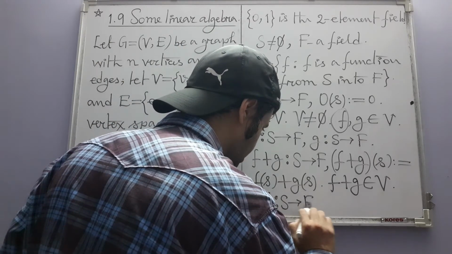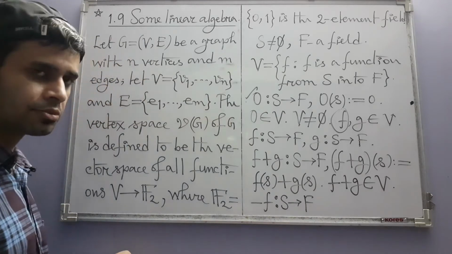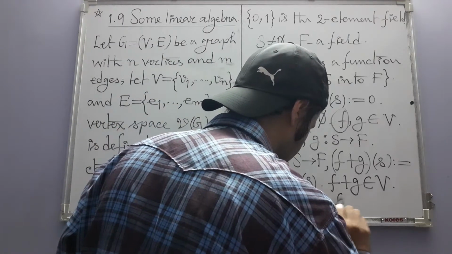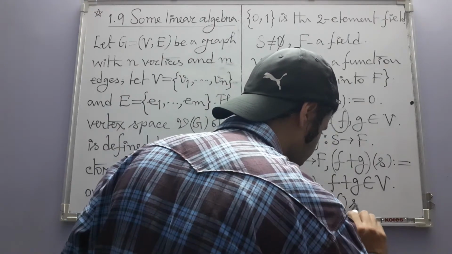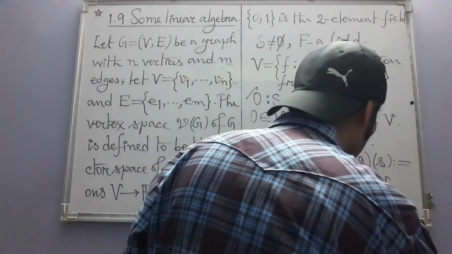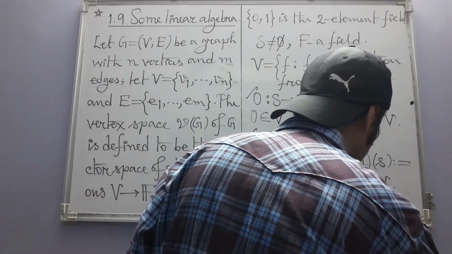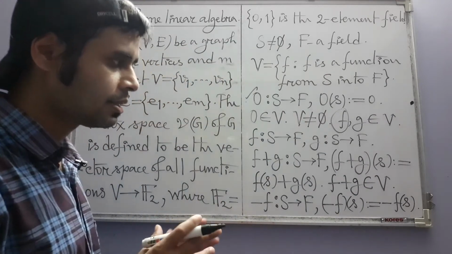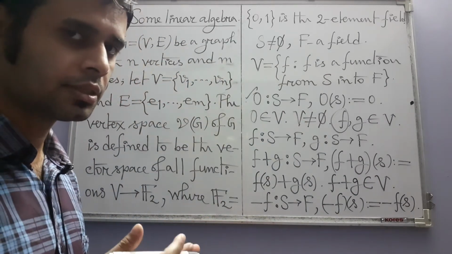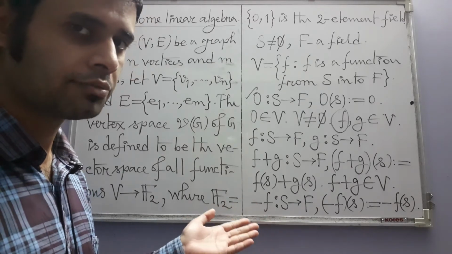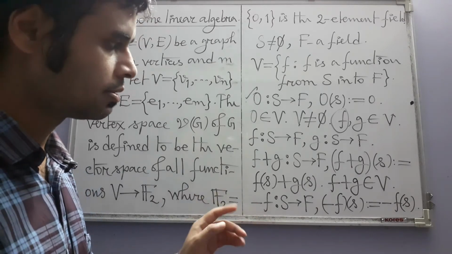I am defining again a function minus f from S into F. Its definition is this: when you evaluate minus f at any element s from your domain S, it is defined to be equal to minus of f of s, where f of s is of course your field element, the value of the original function f at the input s.